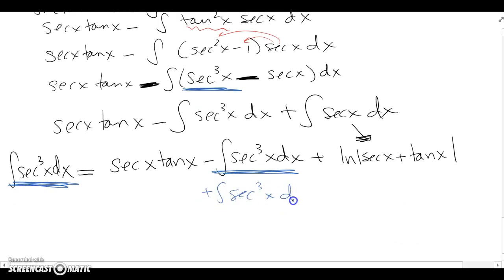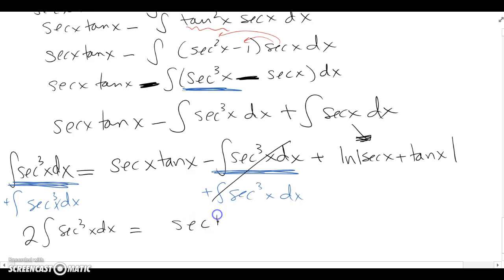Let's get them on the same side. When I get them on the same side, I have two of these integrals equals, and this is gone, no more integrals left on the right side.